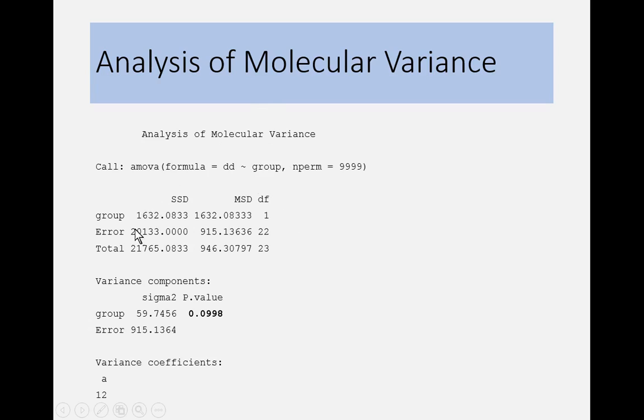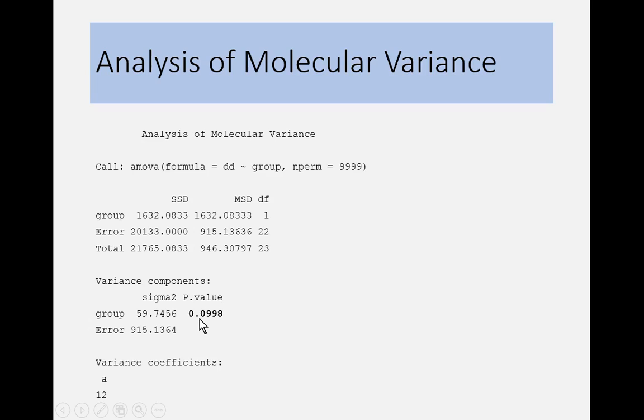Then you have the variance partitioned here, where you can see this is the total variance. Then you have the part of the variance that the grouping of the samples explains. This is a mean standard deviation for the grouping, which gives you the actual statistical test value that you can then turn into a p-value, which is here.